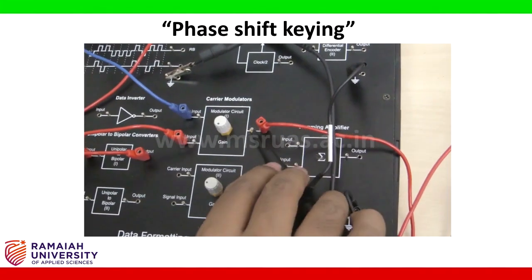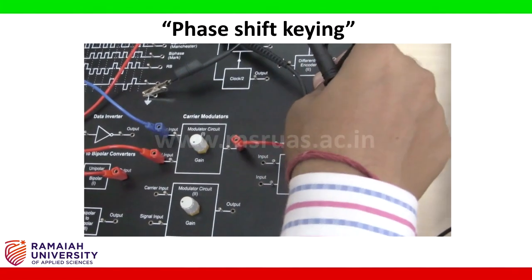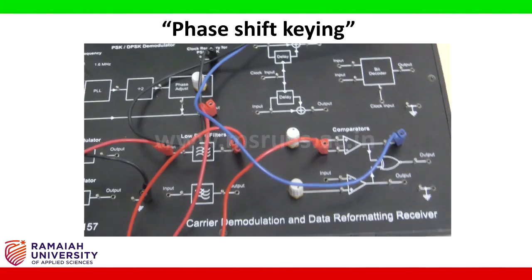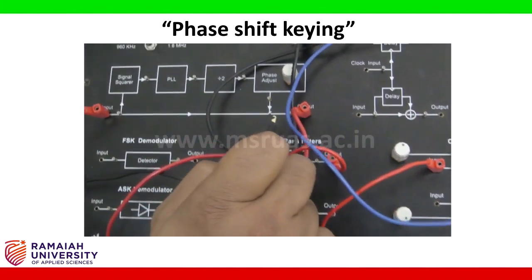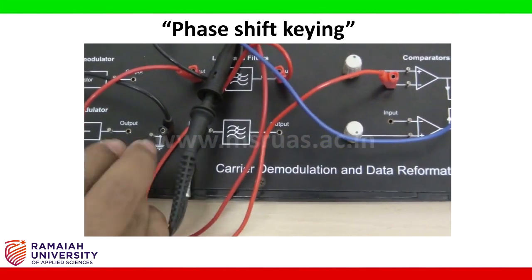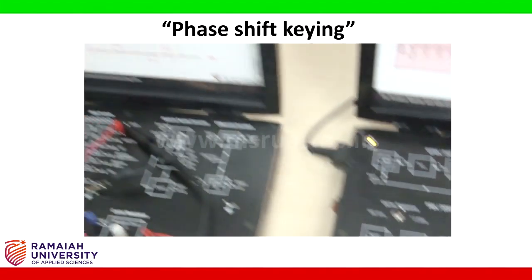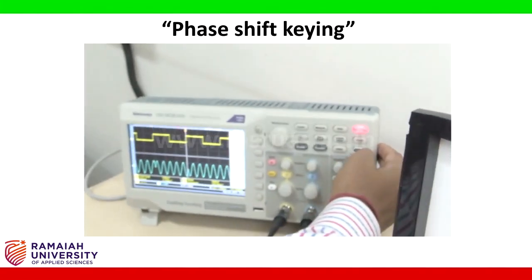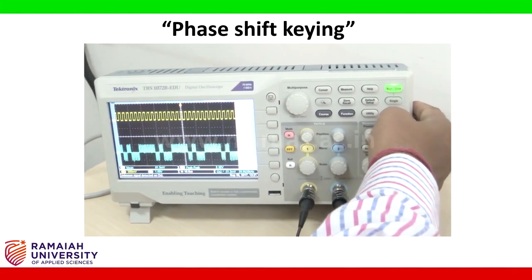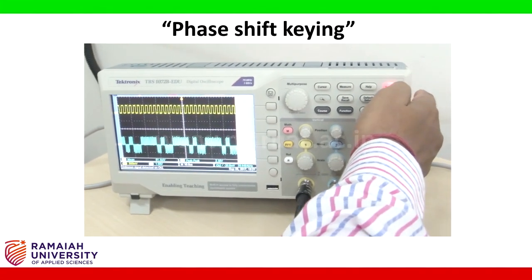Now I am moving the channel 2 oscilloscope probe from the output of the PSK modulation to the output of the PLL, and the negative is connected to the ground. Now observe the waveform by setting auto set as well as run and stop.